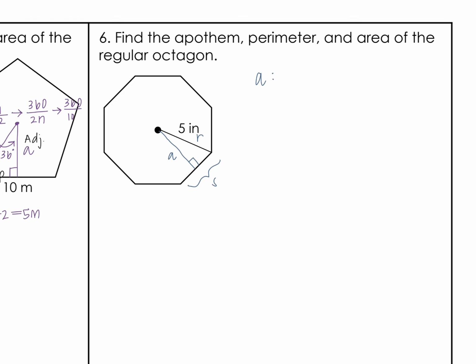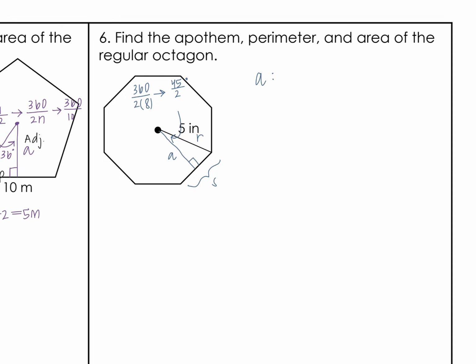Okay, in order to do that, we do need to know an angle measure to figure out what we're going to use. So I'm going to find this angle here by taking that 360 divided by 2 times my number of sides, so 8. And this will reduce down to 45 over 2 degrees, or you can change that into 22.5 degrees.